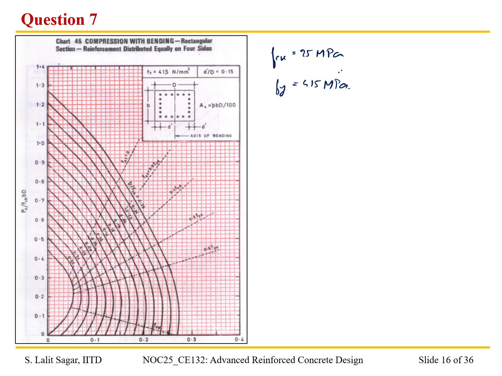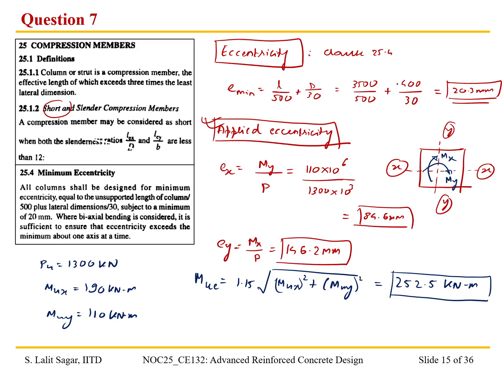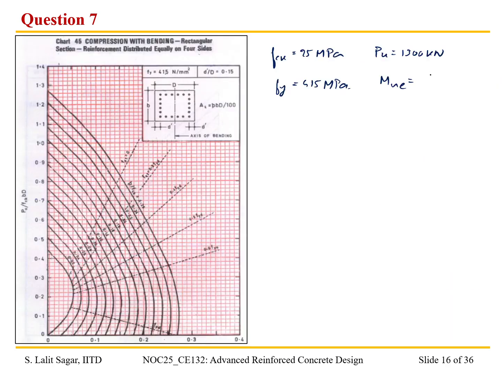We know that Pu is equal to 1300 kilonewton, right? And Mue is 252.5 kilonewton meter.